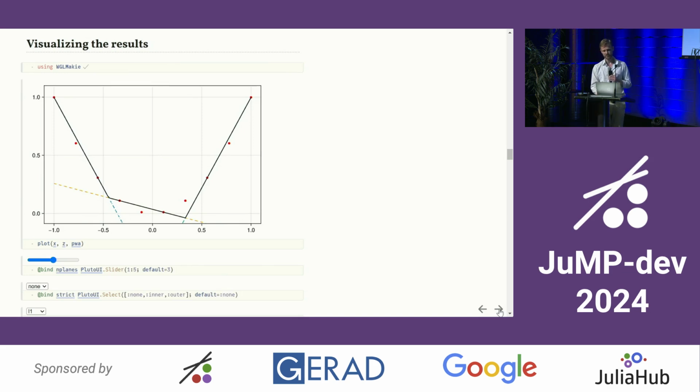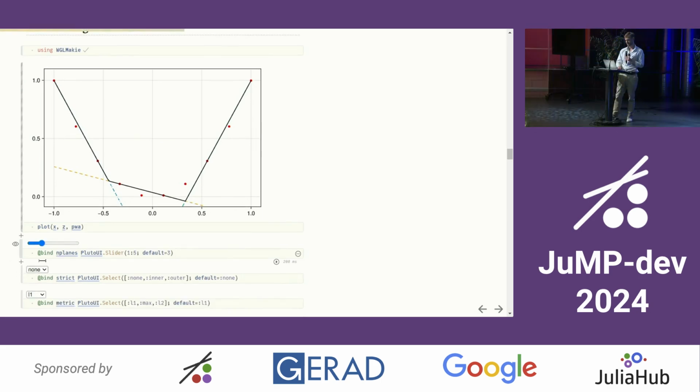Just to give you an illustration, this is where we will see if the risk pays off in doing the live demo now. Hopefully you can now change the number of planes that we supplied, and it will update the approximation. So you can set the number of planes, and you will get different solutions depending on how many you use.